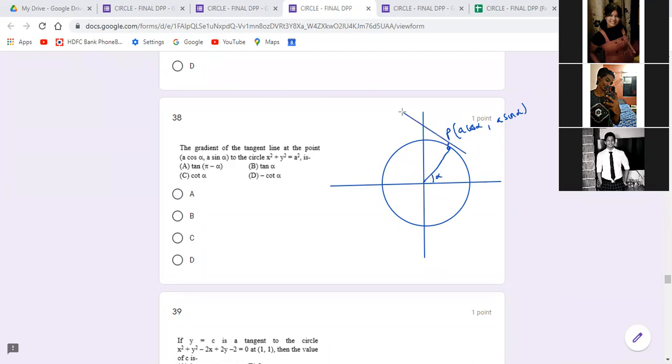Now there is a tangent like this, and naturally the tangent is perpendicular to the radius. So what will this angle be? 90 plus alpha. So what will be the slope of the tangent? Slope will be tan of 90 plus alpha, which is minus cot alpha. So the answer is B. The answer was not given. Okay, I'll correct it now.